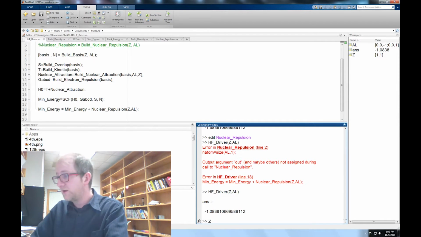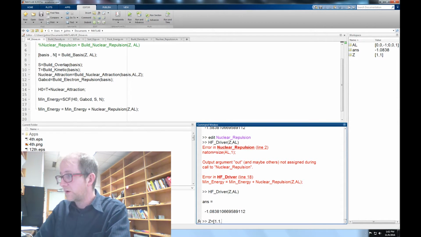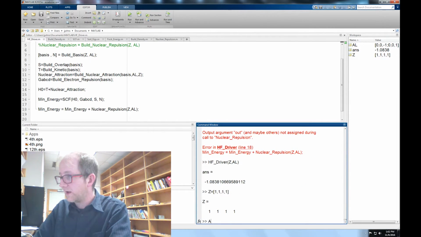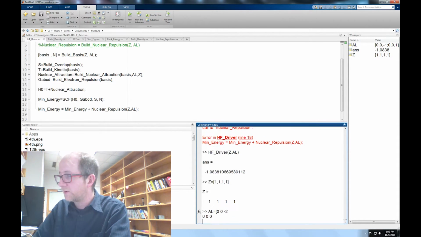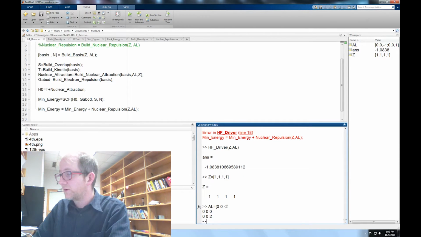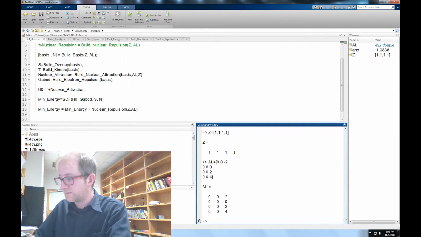Let's go Z equal 1, 1, and Al equal 0, 0, minus 2, 0, 0, 0, 0, 0, 2, 0, 0, 4. All right, now let's try this.